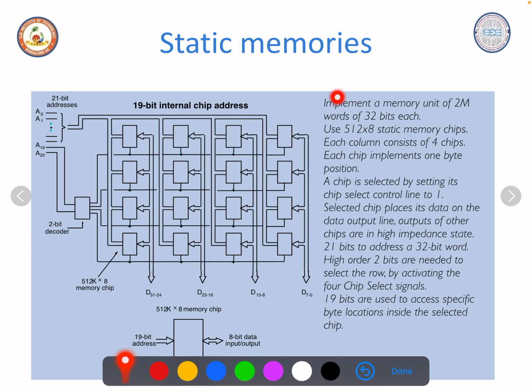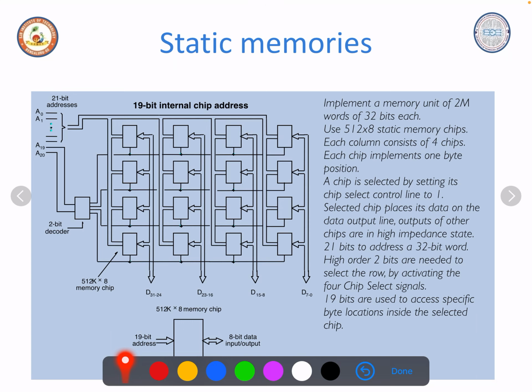Here you can observe this is implementing 2 mega words of 32 bits each. The data size is 32 bits each. Here they have used 512K by 8 static memory chips. A total 32-bit word is made of 8 bits, next 8 bits, next 8 bits, next 8 bits. Suppose I start from this first word: first byte, second byte, third byte and fourth byte.